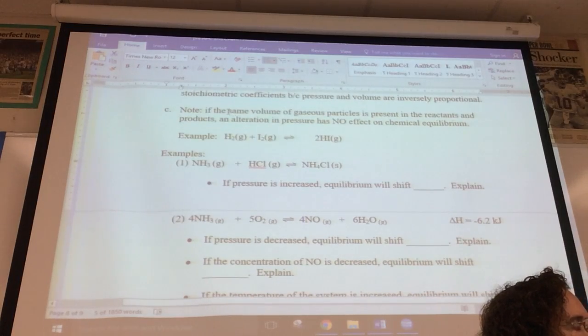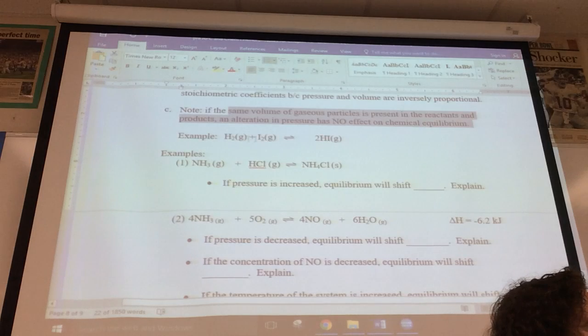If, however, the volume of gaseous particles in the reactants and products is the same, altering pressure has no effect on equilibrium. You can see that here.